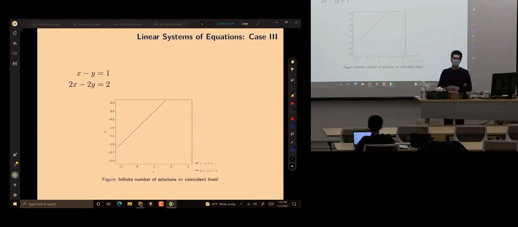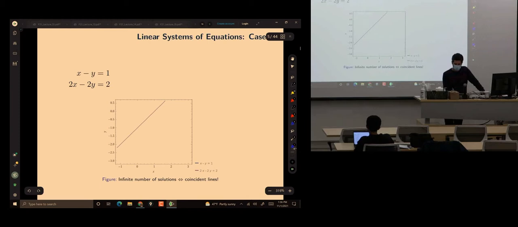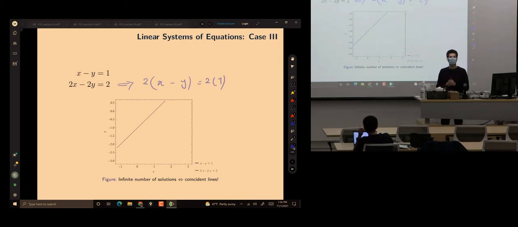The last case was having an infinite number of solutions. This happens when we essentially have one equation, because the second equation is the same thing as the upper equation. It's just that both sides of the equality are multiplied by 2, and that's not going to change the equation of the line.